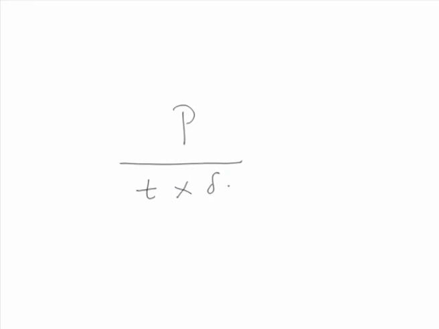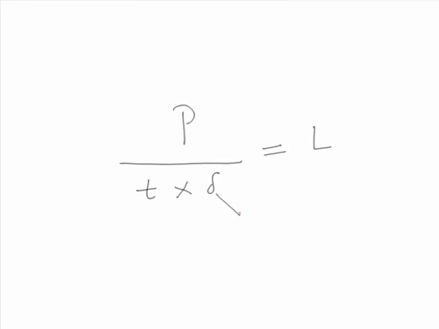So, basically what we do: the load for which the joint is to be designed, that is P, divided by the throat thickness into the allowable stress. These two will be used to identify the length of the weld that is to be determined.